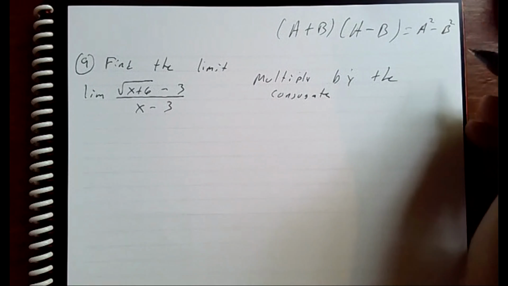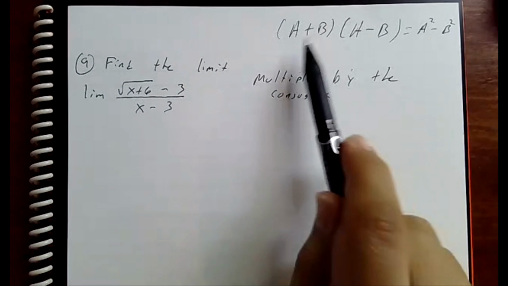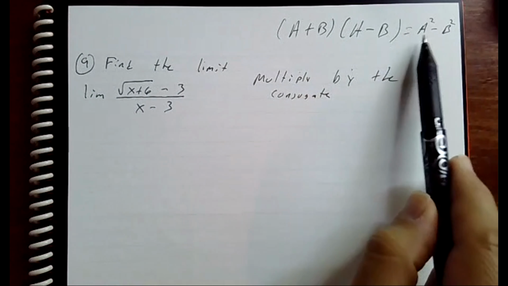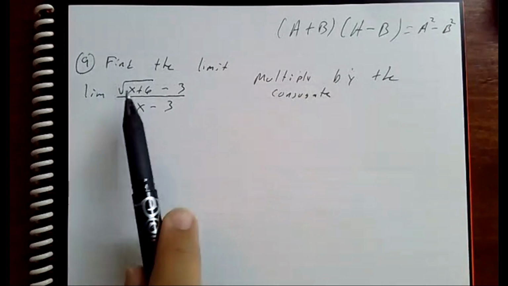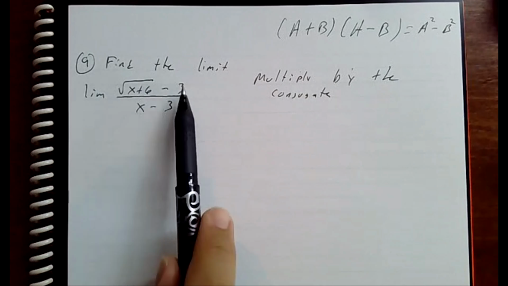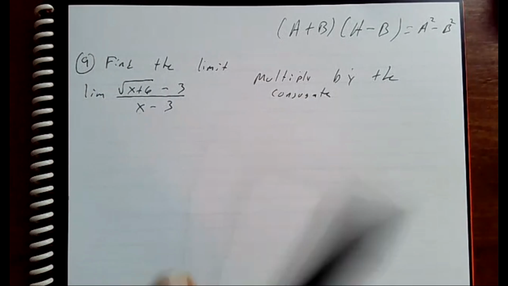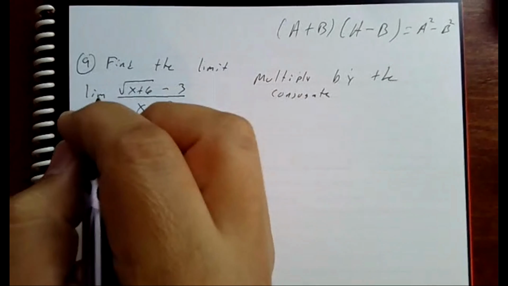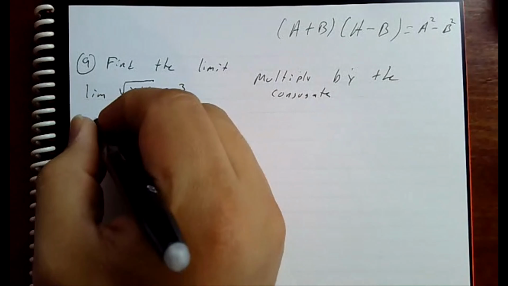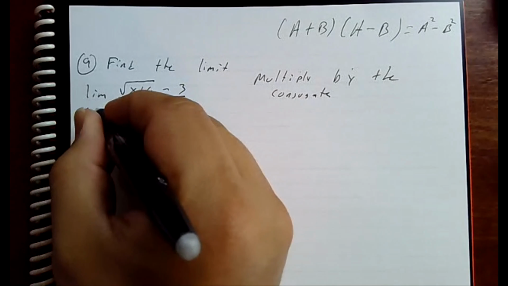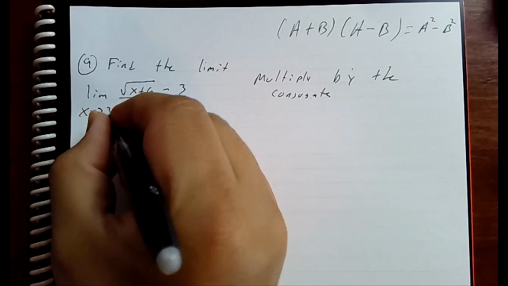This is what happens when you multiply a conjugate. A plus b times a minus b gives me a squared minus b squared. So if I'm able to square this piece, I will no longer have a square root part. This limit is approaching 3. Forgot to write.